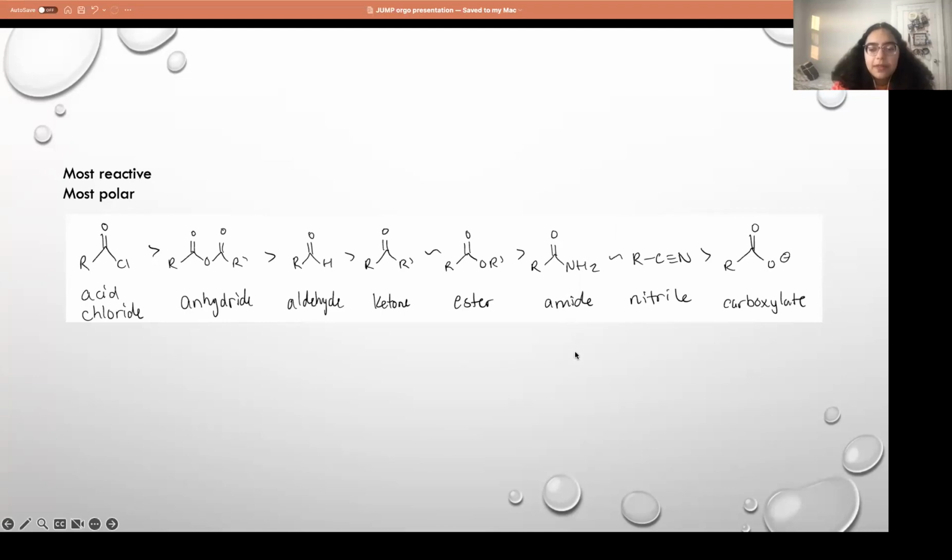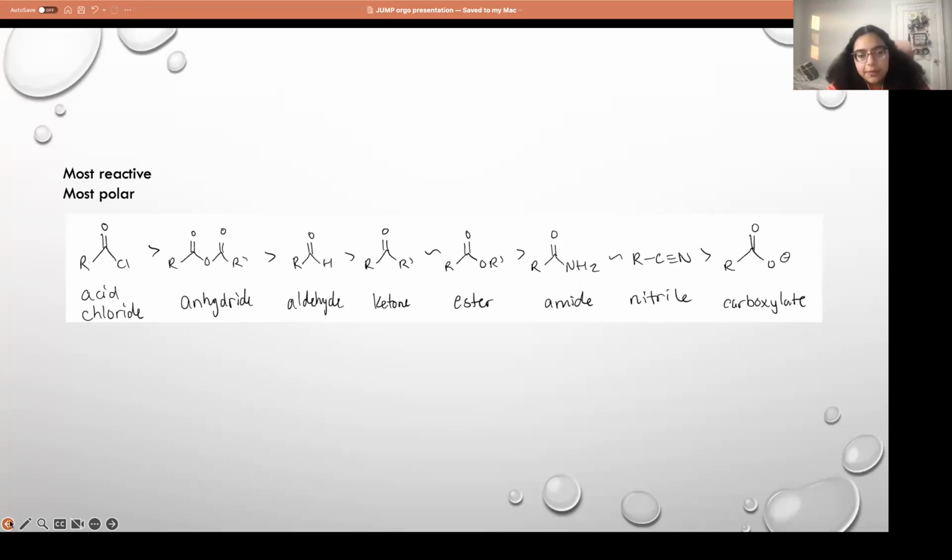Then you have amides, a double bonded O and an NH2 group. Then nitriles, which we talked about before: the C triple bonded to an N. And lastly, carboxylate. The resonance keeps that one together because you have the negative O and the double bond as well, so it can resonate, making it more stable.